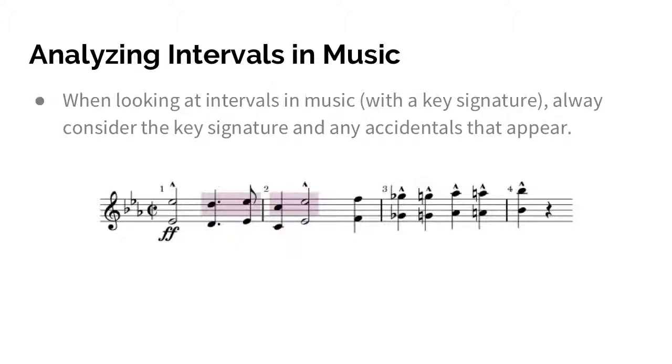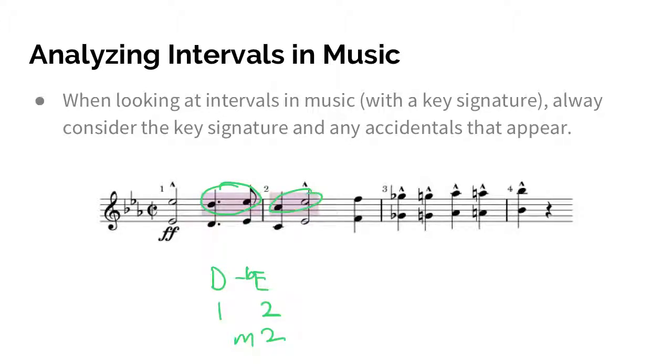All right, so when you're looking at intervals in music with a key signature, you're always going to consider the key signature in anything that may appear. So if we look at this highlighted one right here, D and E, so that's an interval of a second, but what kind of second? If you think about it, it's an E flat. So D to E flat is a half step, so this would be a minor second.